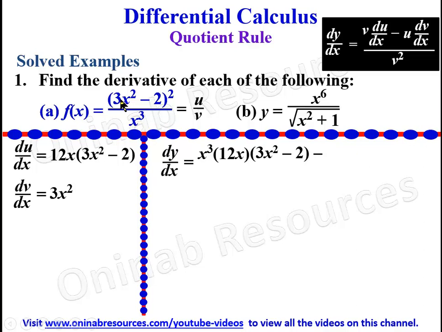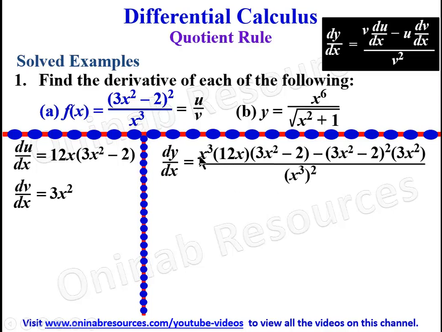Our u is 3x squared minus 2 all squared, and the dv/dx is 3x squared. We have all over v squared. V squared, that is x cubed squared.